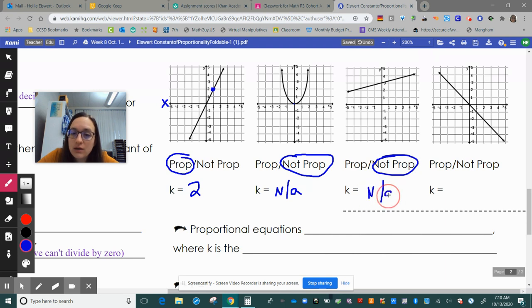Not applicable. Ooh, this is a straight line. It has a negative slope, if you were wondering. We don't even know that slope, not yet. And then we have (0, 0). Good to go. It crosses through (0, 0). It is proportional. So wherever 1 is, oh, this time we're going down. That's a negative 1. There we go.